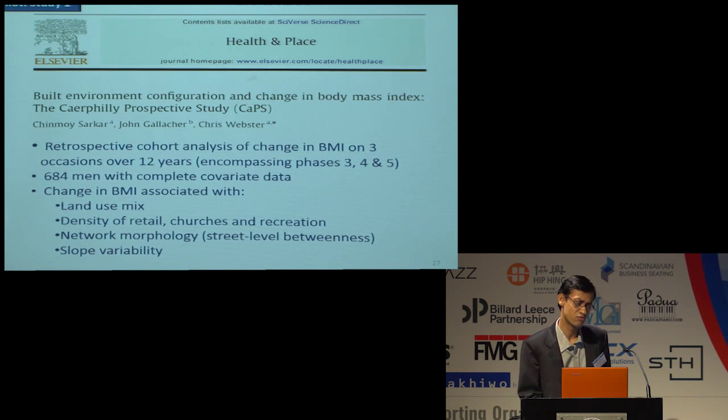This is one of the first longitudinal studies of the effects of change in the built environment on change in body mass index. It was done for 684 adults within the Caerphilly cohort, encompassing 3 phases.